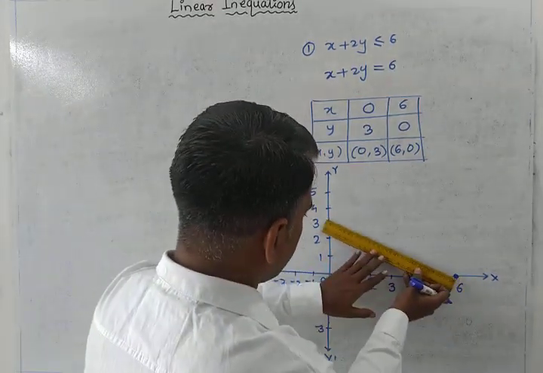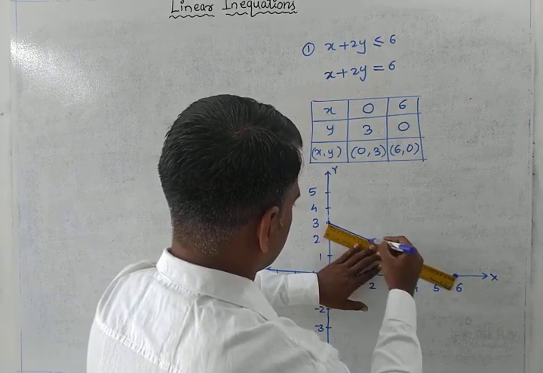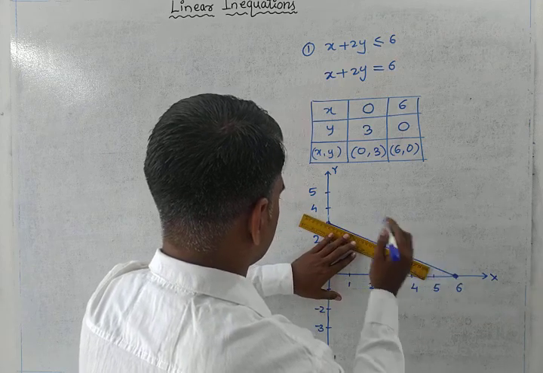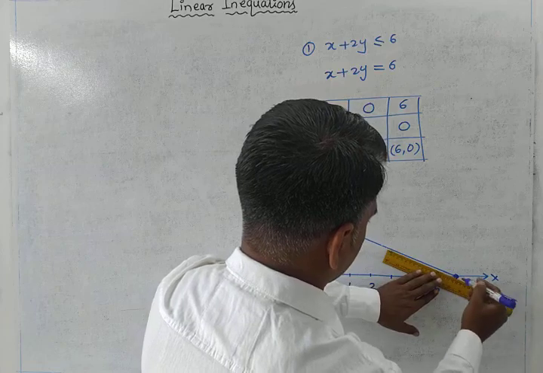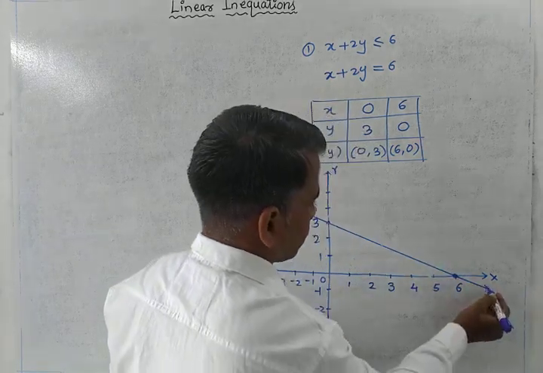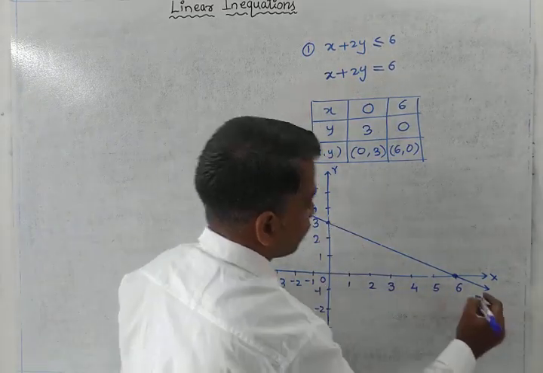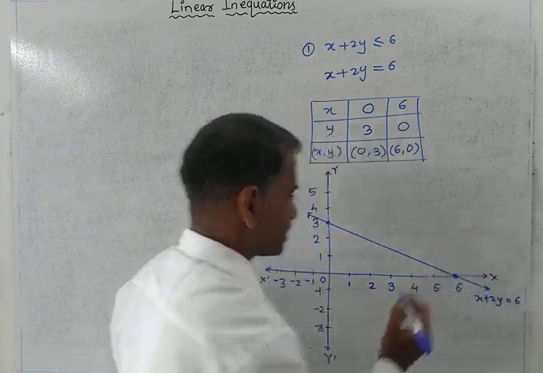I will use a scale to draw the line. So this is the line of x plus 2y is equal to 6.